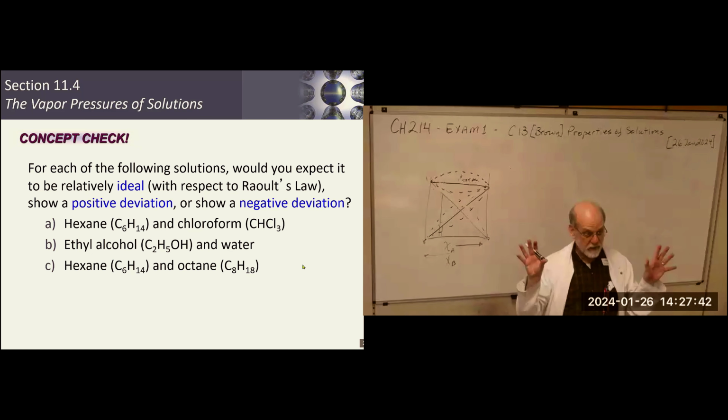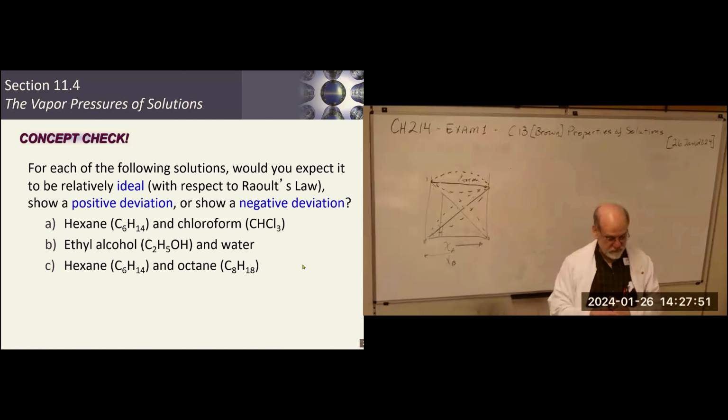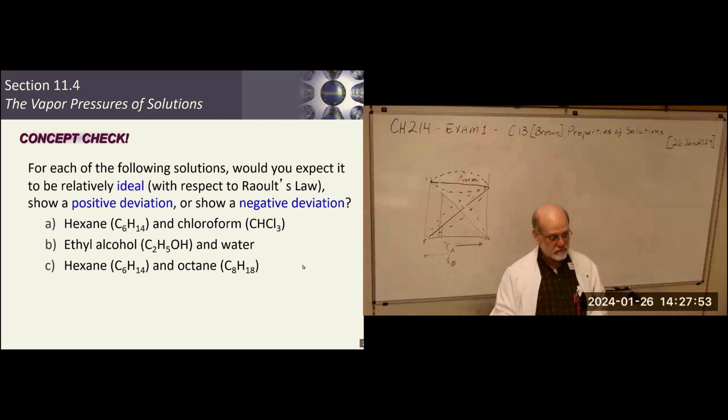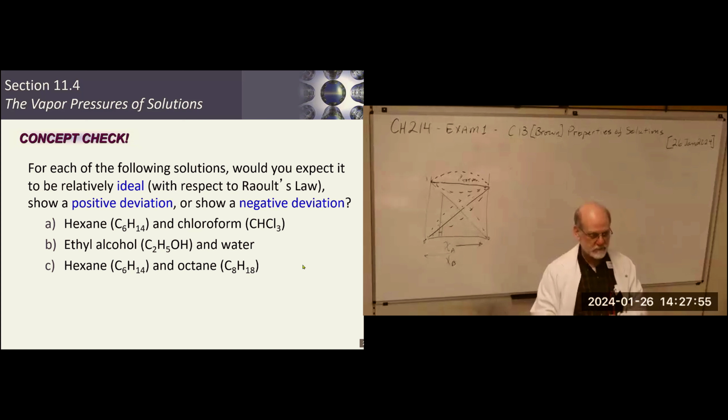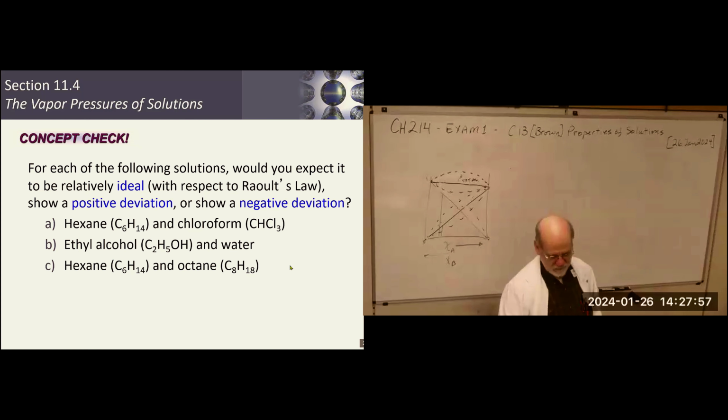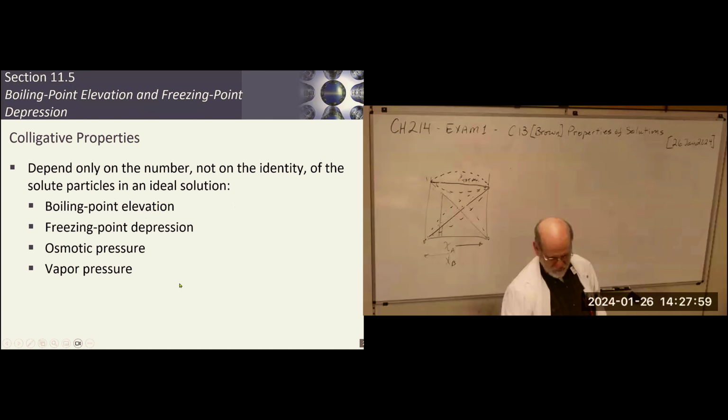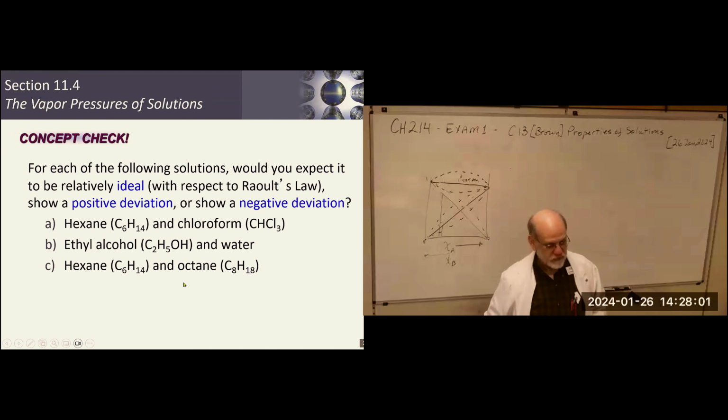In other words, they repel one another. Ethyl alcohol and water have very strong attraction. They should be a negative deviation. Hexane and octane, they could care less. They're ideal. Now let's see, it didn't give the answers. Okay, so take my word for it.